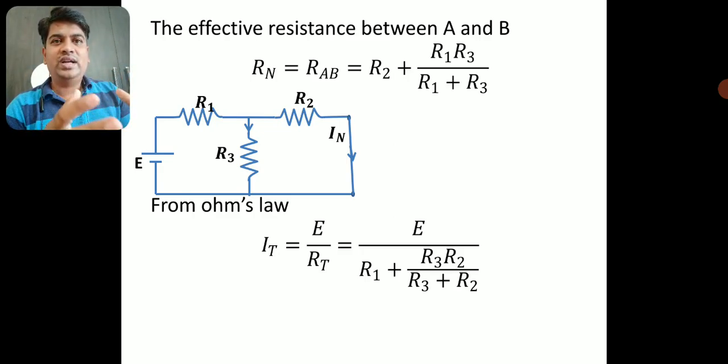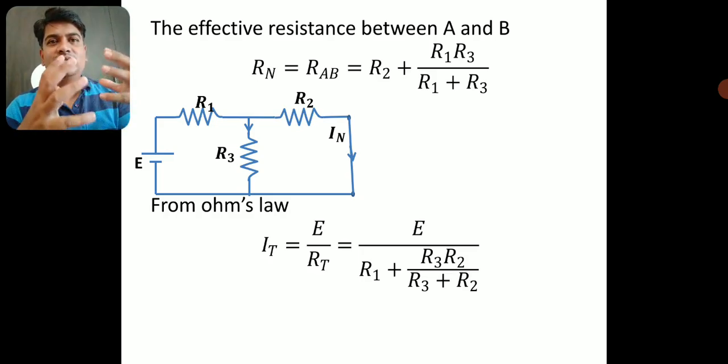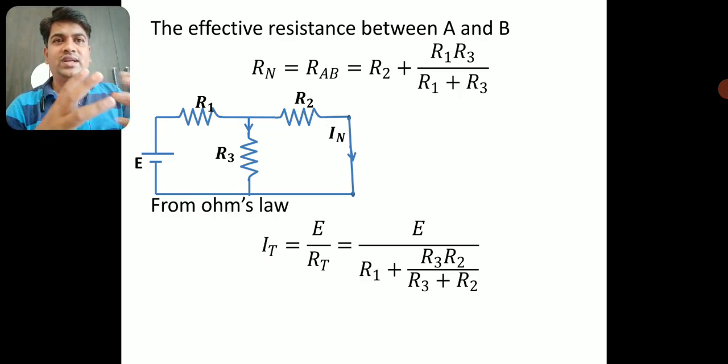So I am calculating the main current drawn from the battery, let us call it the total current. It is total voltage by total resistance. Total voltage is E and total resistance is R1 in series with R2, R3 in parallel. So it is R1 plus R2R3 divided by R2 plus R3.